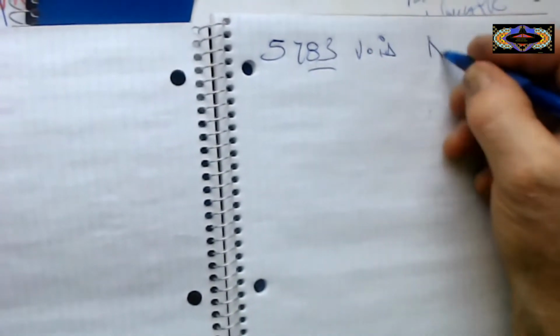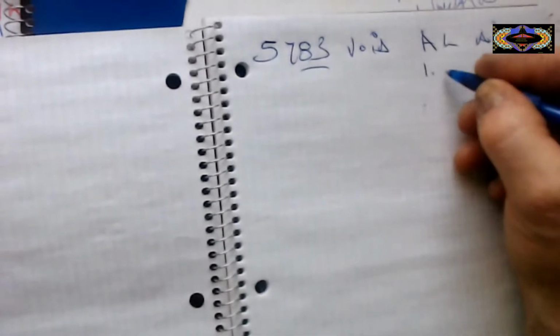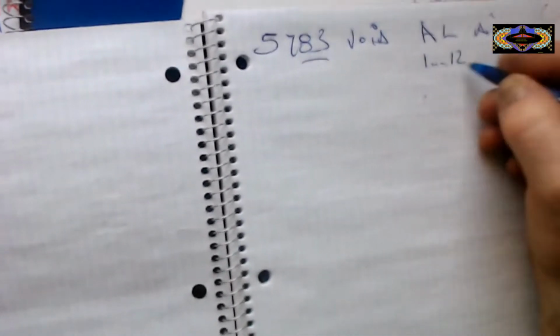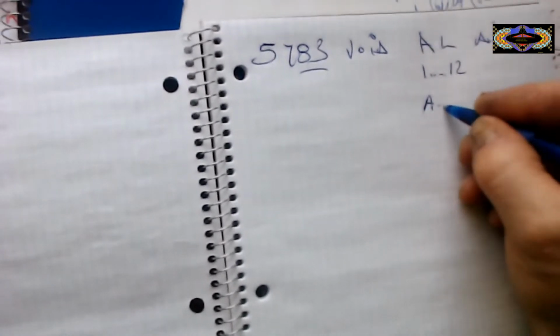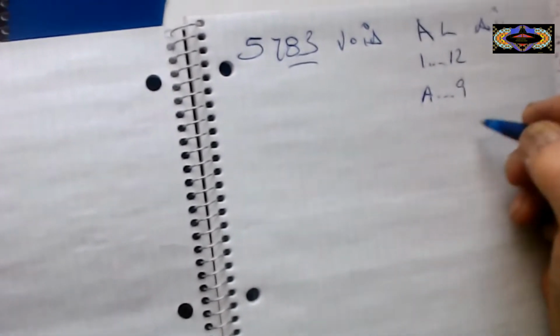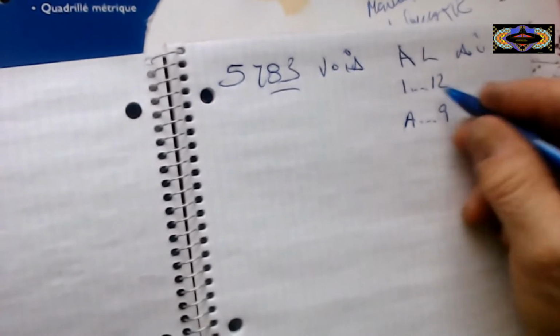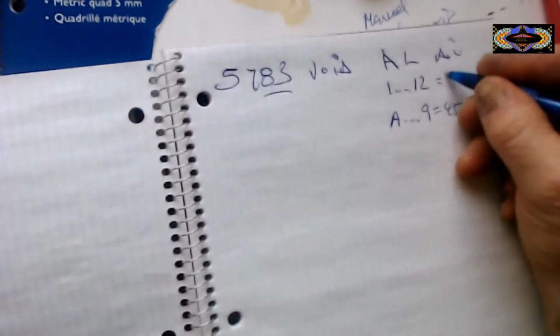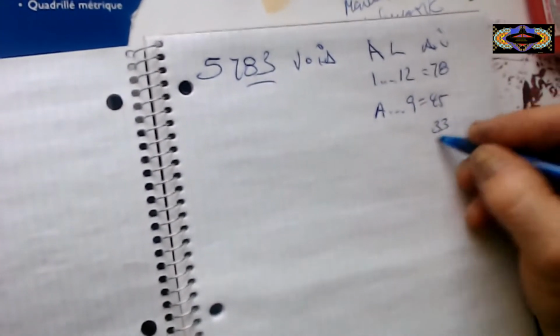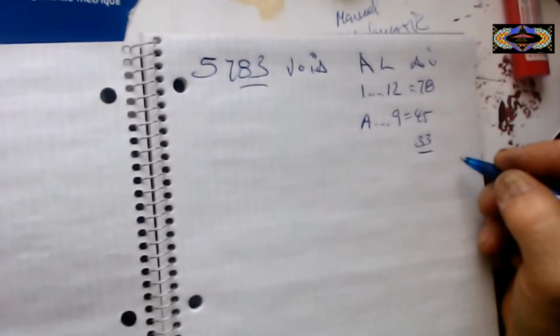This is AL, or if you want to call it AI, 1 through 12, or 1 through 9, whichever way you want to look at it. This one is going to equal 45. This one is going to equal 78. The difference in the two is the rotation of the sun, 33.